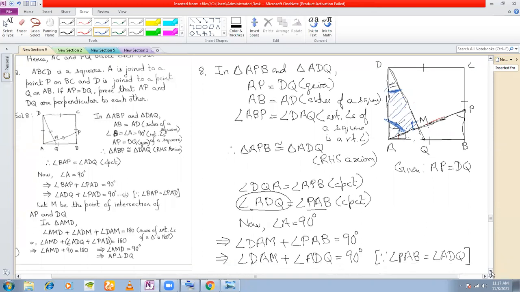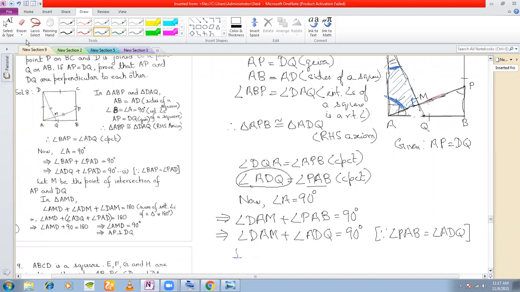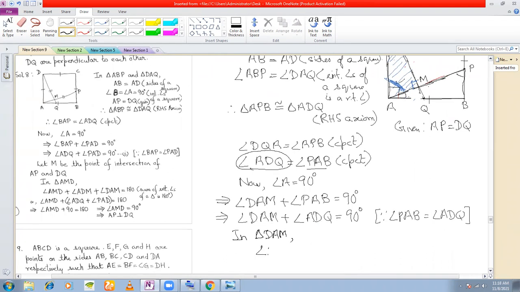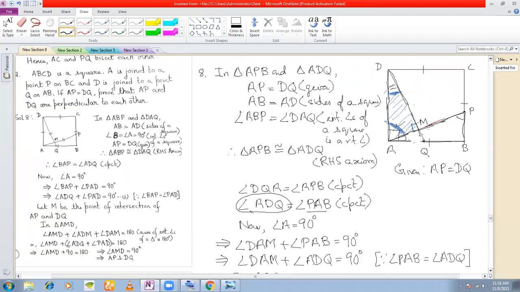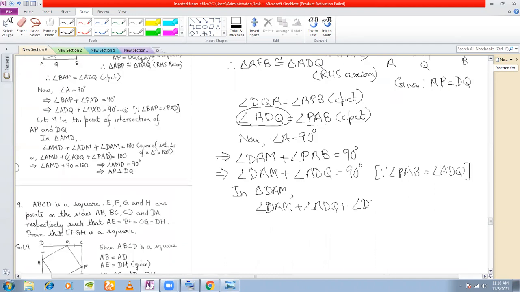So we consider this triangle. In triangle DAM, what are the angles? Angle DAM plus angle ADQ plus the third angle, this angle here, angle DMA, is equal to 180 degree, because the sum of interior angles of a triangle is 180 degree.